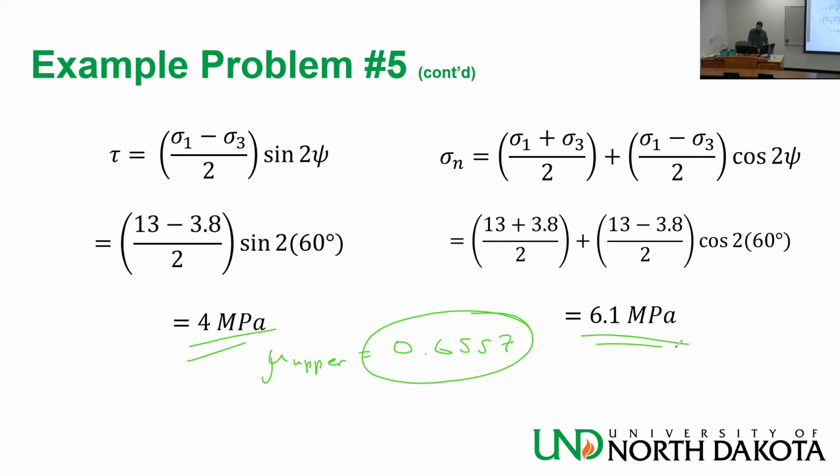For a lower value, 0.6 let's say, tau will be bigger than this if mu is smaller than 0.6.